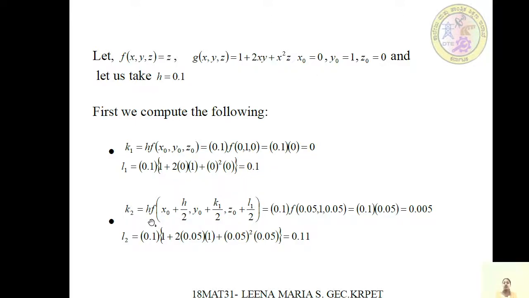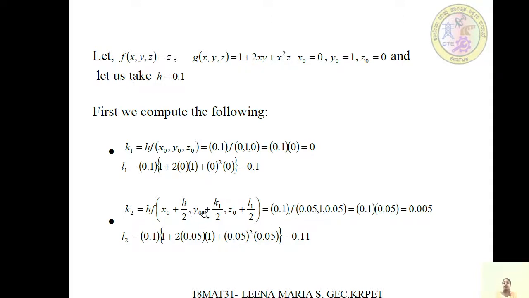So k2 equals h f of x naught plus h by 2 comma y naught plus k1 by 2 comma z naught plus l1 by 2, equals 0.1 f of x naught plus h by 2. You have to simplify this. x naught is 0 plus h is 0.1 by 2, so 0 plus 0.1 by 2 gives 0.05, comma.